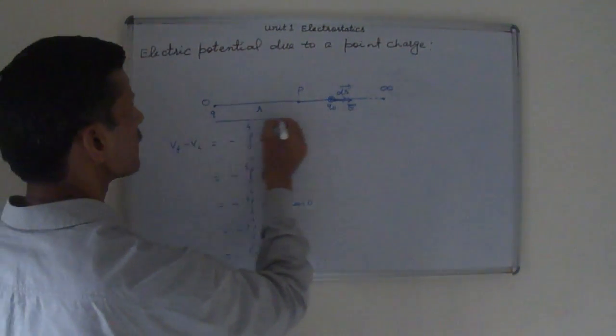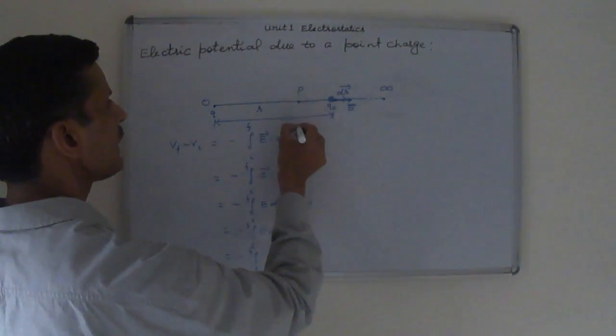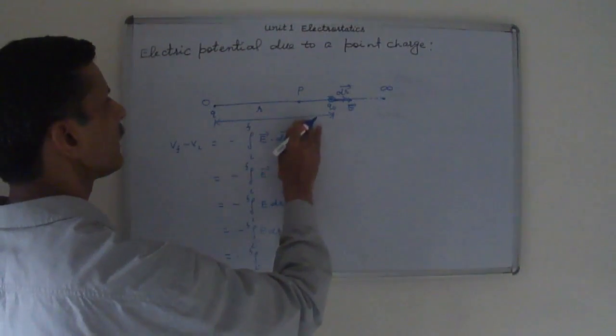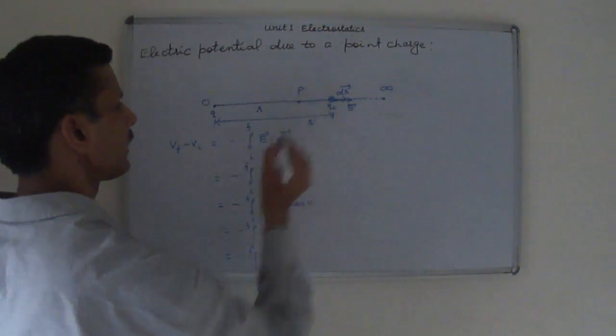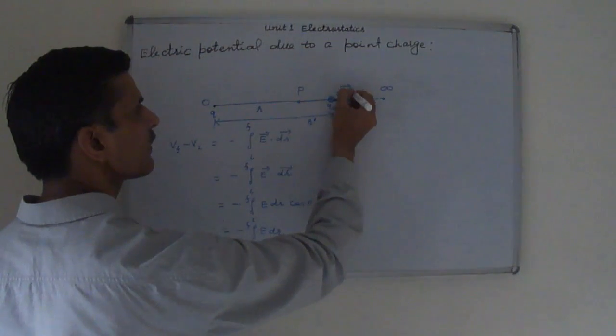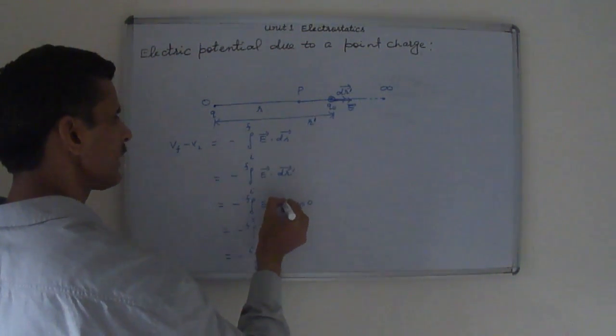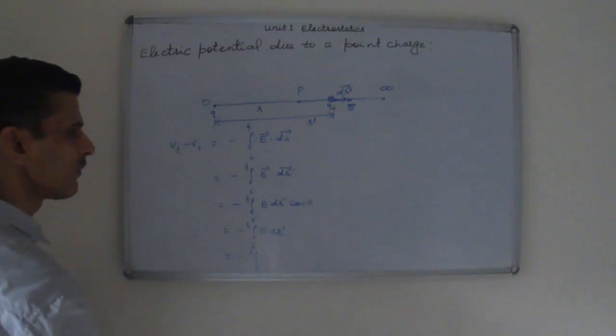Say this distance is r prime. Then this vector, let us take dr prime vector. So it is dr prime, it is dr prime.